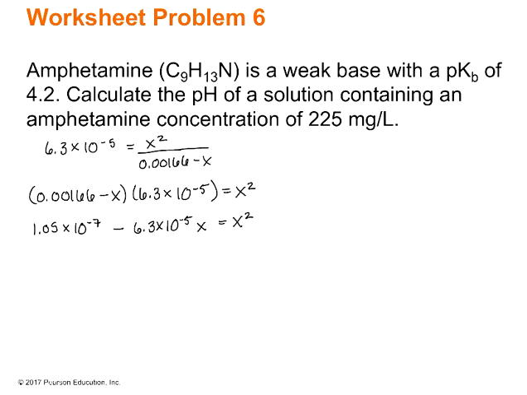And then we're going to move everything over to one side so that everything is equal to 0, and then we can plug our values in for the quadratic formula. So 0 is equal to x squared plus 6.3 times 10 to the negative 5th x minus 1.05 times 10 to the negative 7th.